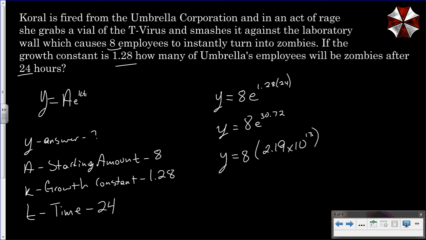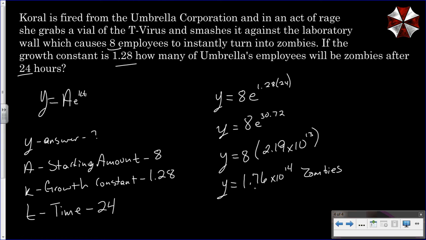And then when you multiply that by 8, that comes out to 1.76 times 10 to the 14th zombies. I don't even think Umbrella has that many employees, so who knows where they all came from.